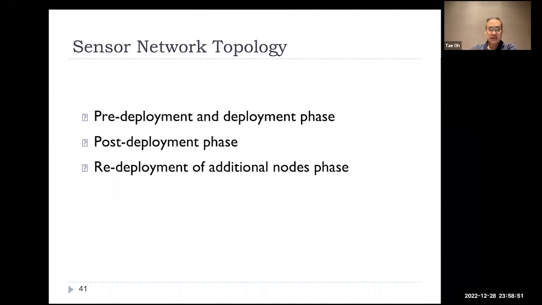Those are the things that you have to consider. How you're going to pre-deploy it, what the deployment phase is, and also the post-deployment phase. Once you lay it down, what would be the process? Is it going to be dissolved into the environment, or do you have to somewhat pick it up, right? So what would be the post-deployment phase? Do you have to do redeployment? Do you have to send it out again? And that's another case, okay?